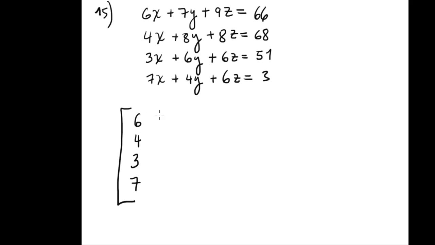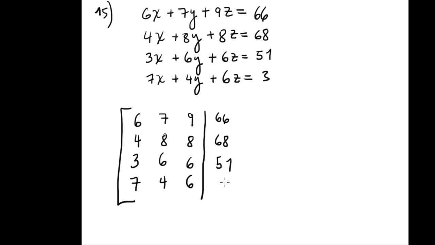The second column corresponds with the y. The third column corresponds with the z. And you put the line to separate the coefficients of the variables x, y, and z, and the right hand side is just a number. It's 66, 68, 51, and 3. Okay, and this is the matrix notation.